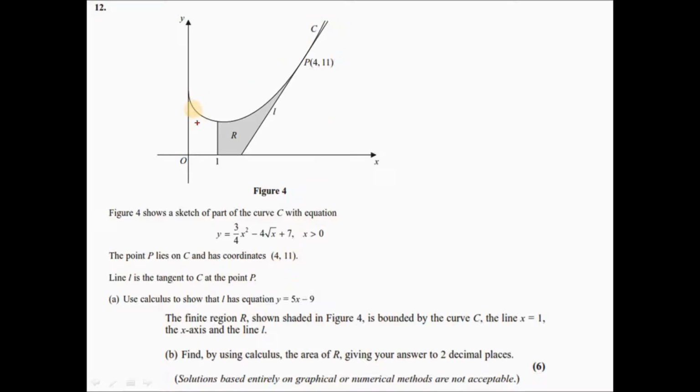This is the curve, and this is the point P. The line L is the tangent to C at point P. Use calculus to show that L has equation y equal to 5x minus 4. In other words, you need to find the equation of line L if it is tangent to C.